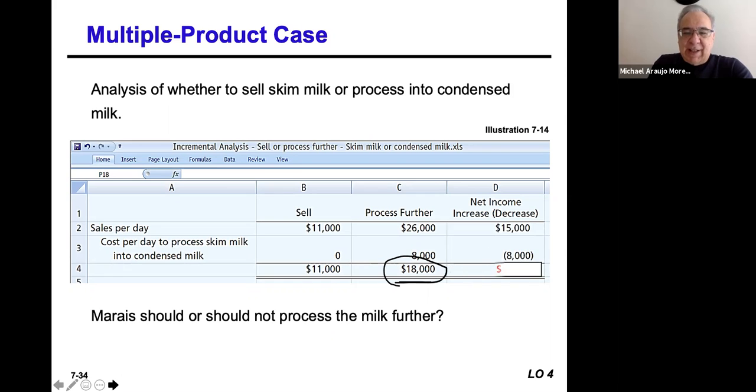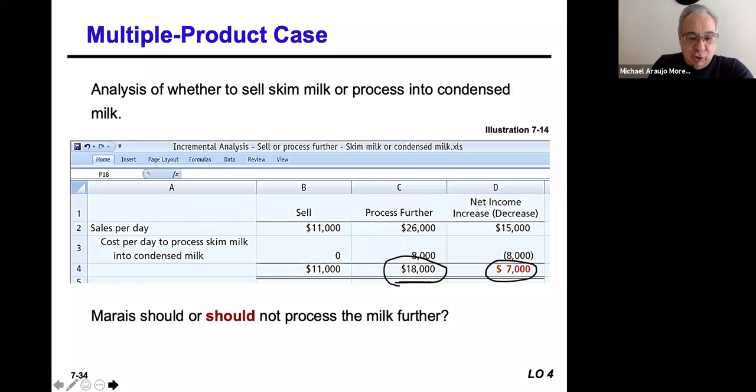Okay. So in essence, we would be increasing our sales by 15,000. We would increase our cost by 8, but the net effect is a $7,000 increase to net income per day. So should they or should they not process? Well, let's just condense the answer here. They should. They absolutely should.